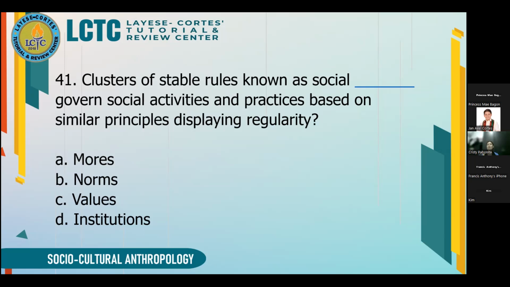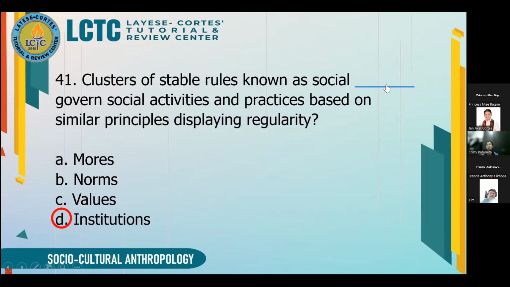Clusters of stable rules known as social blank govern social activities. The answer is letter D, social institutions.